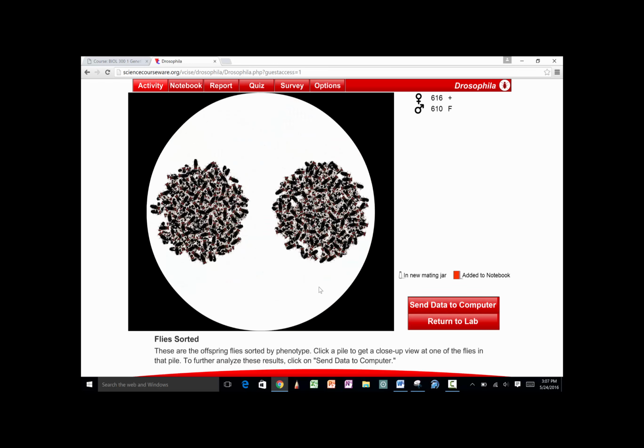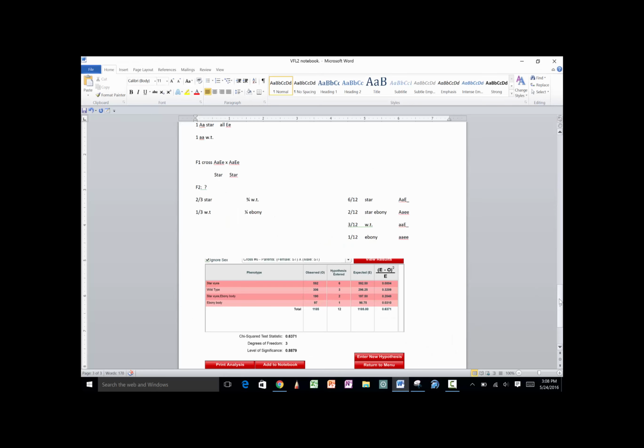Oh, I kind of like seeing the paintbrush. All right, now what do we get? So we took a mutant female, a forked mutant female, and crossed that to a wild type male. In the F1, all our females are wild type, and all our males are forked. All right, so this is our new cross.